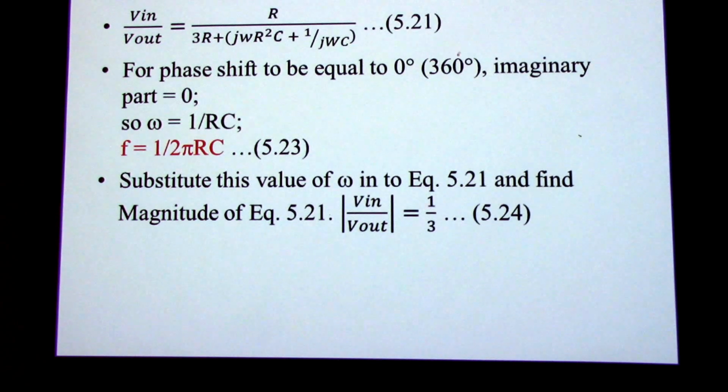So here is the analysis, like the V in and V out, the equations are like this, and we just applied the Barkhausen criteria just like before. We want the phase shift to be equal to 0 degrees, which is 360 degrees anyway. So that means omega is 1 over RC, and that's the equation that defines the frequency.